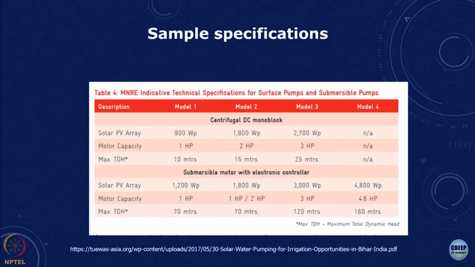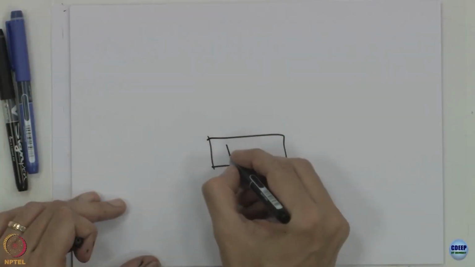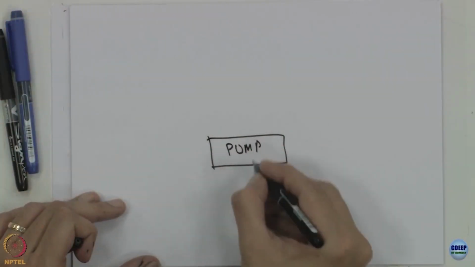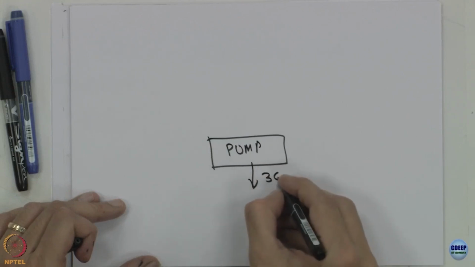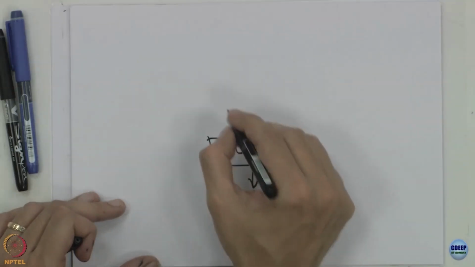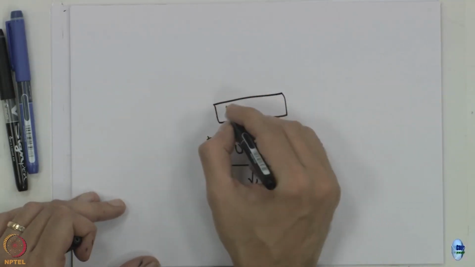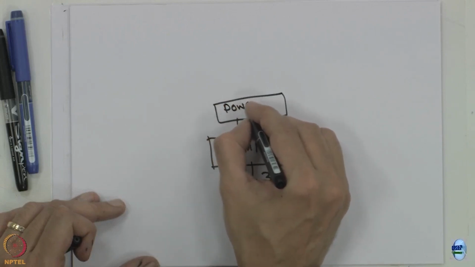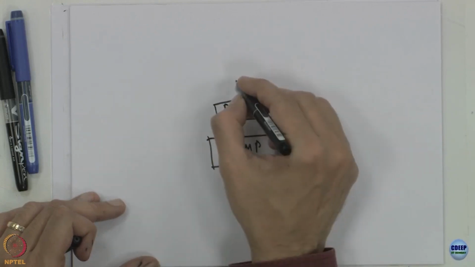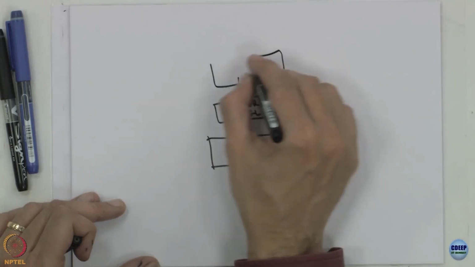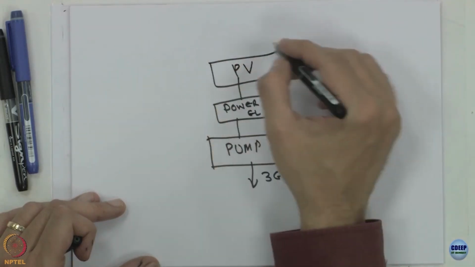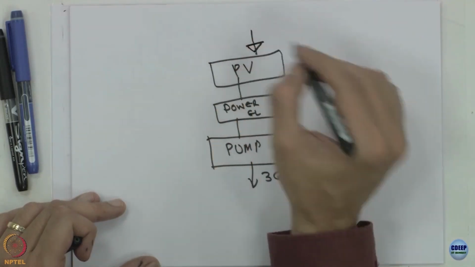In this, if you look at the efficiency, it is going to be only the pump, then some kind of power electronics, and then you have the PV, the incoming solar radiation.